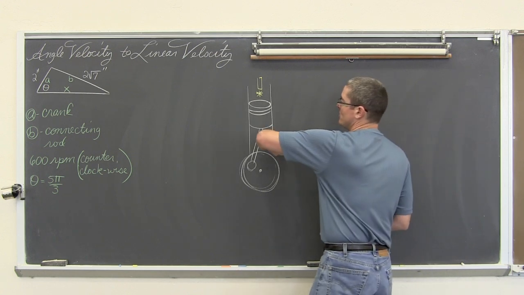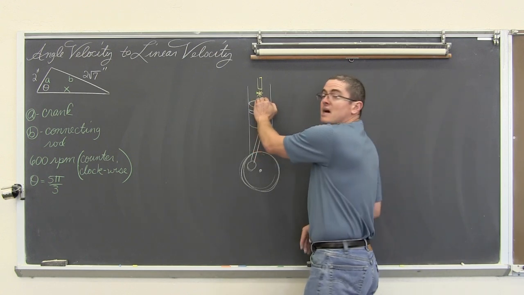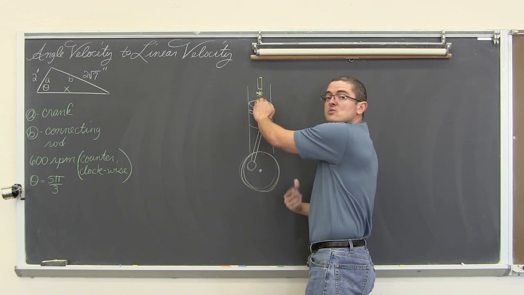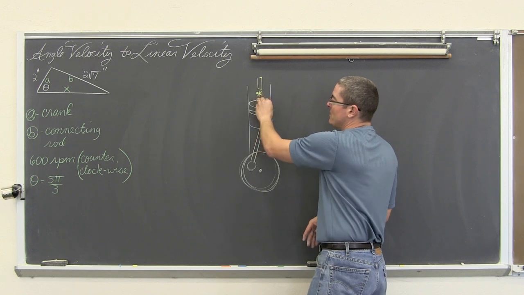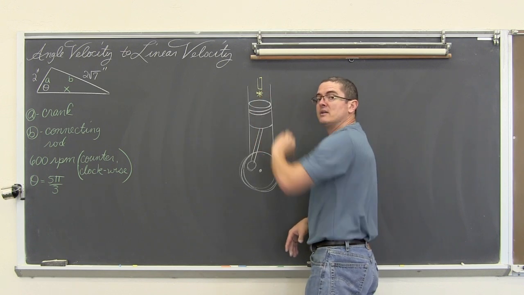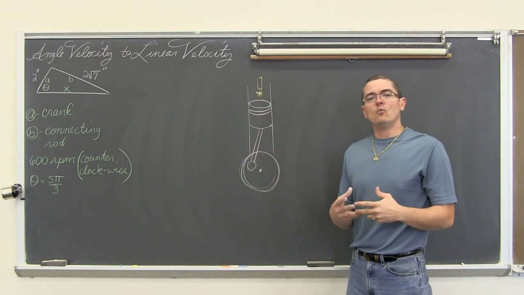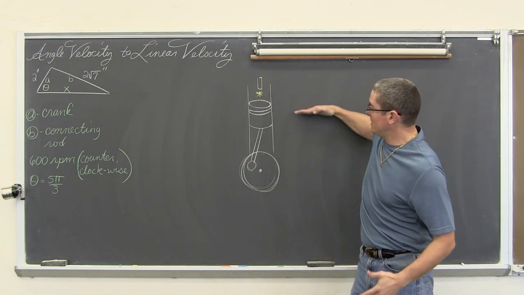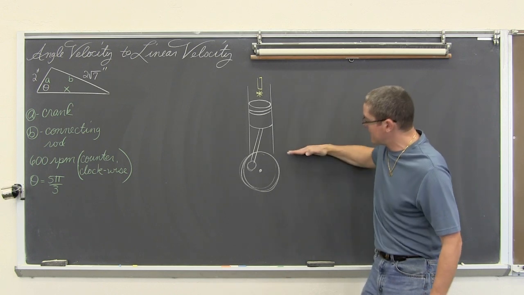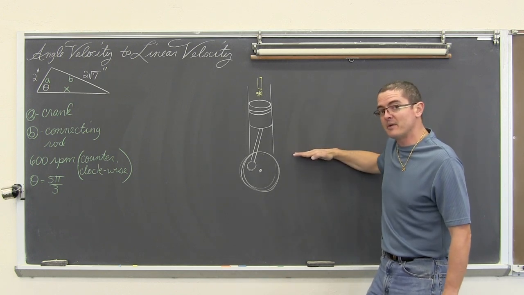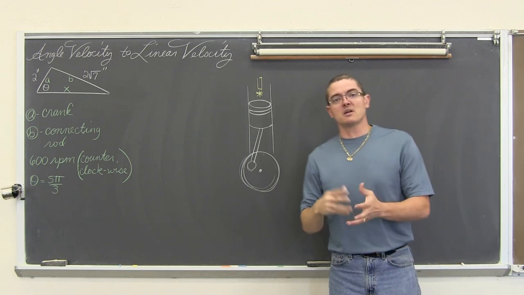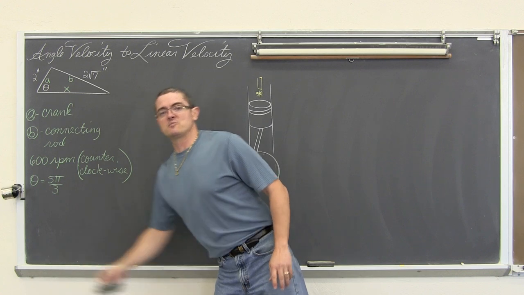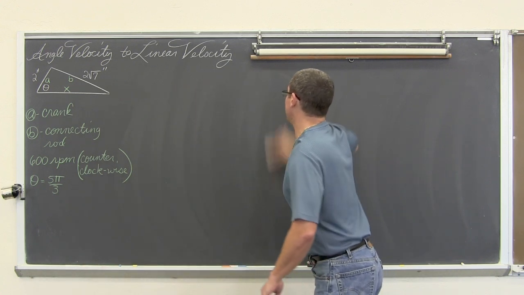This piston is going to accelerate up and then reach its top dead center, at 90 degrees or π/2 the way this is drawn, where its vertical speed, or linear speed, would be 0 until it started to fall. Then it's going to accelerate down until it reaches the bottom, and then stop again before it starts to move back up. So it's in constant acceleration and deceleration of motion. We need a specific angle to find the linear speed. Okay, so that's what's going on.